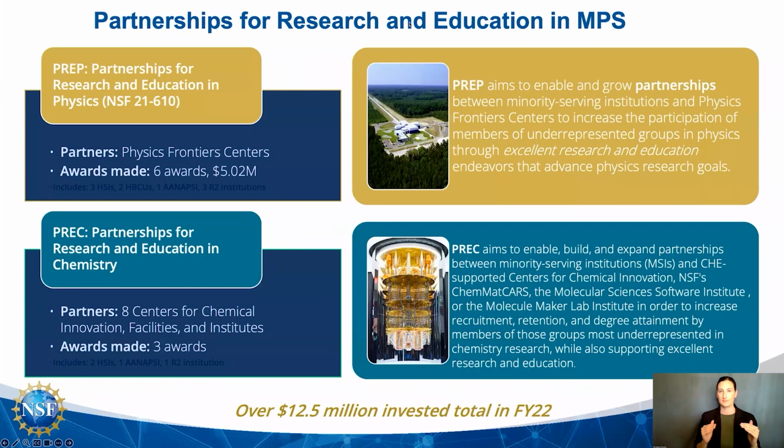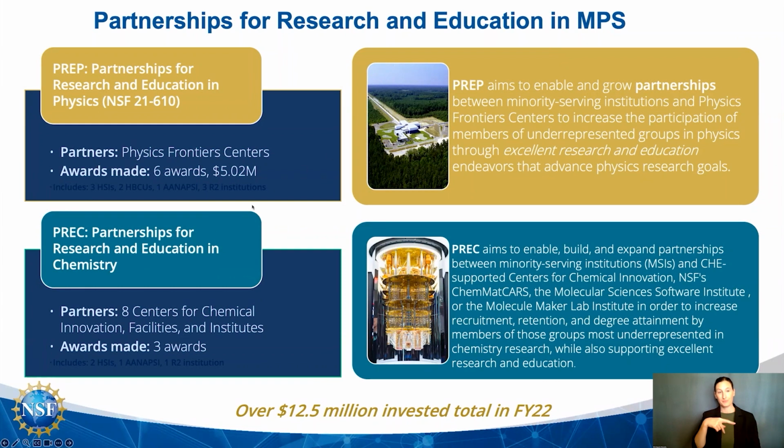So next, physics and chemistry get their own slide together. So PrEP is Partnerships for Research and Education in Physics. Okay, so the partners are Physics Frontiers Centers. And the awards made, this is FY22, I think, 6 awards, about $5 million. And there's a text box that explains more about PrEP in physics.